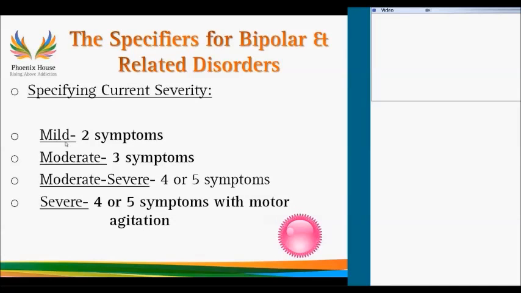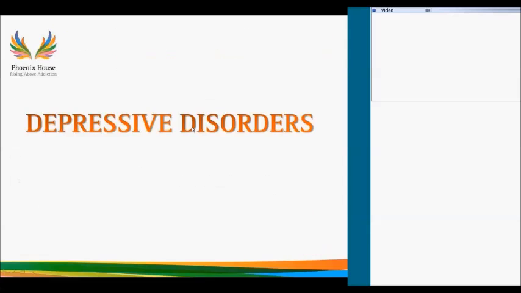If there was no mania or hypomania, it would be a depressive disorder. So when it comes to symptom severity, mild, moderate, moderate-severe, and severe, it's really being applied to the different types of manic episodes.